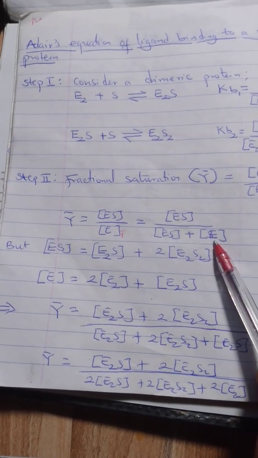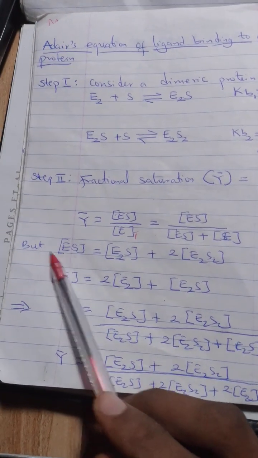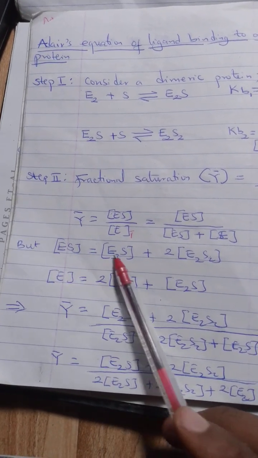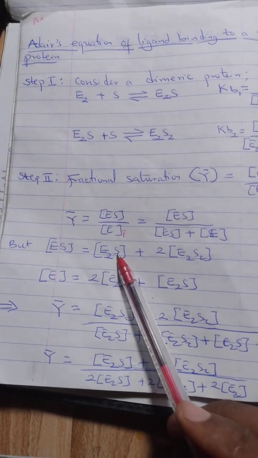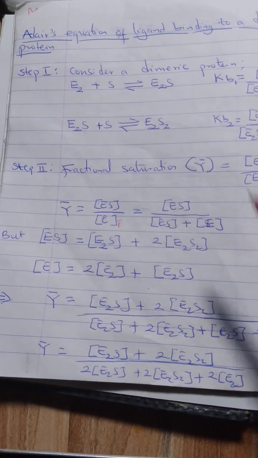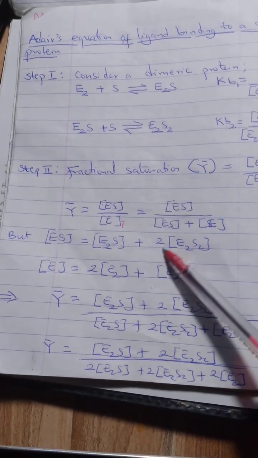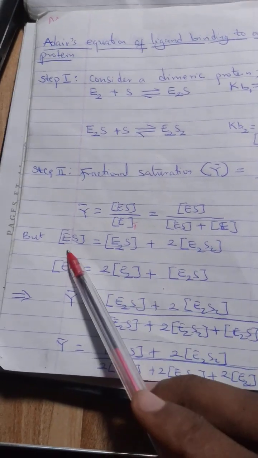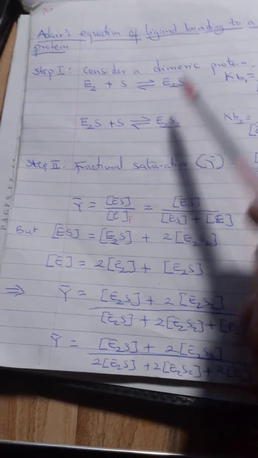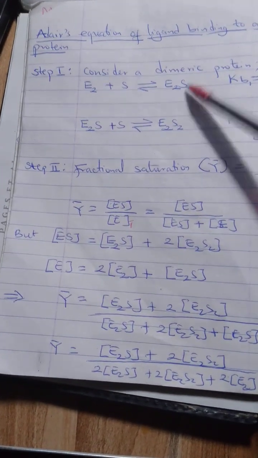The next is that the enzyme bound is equal to E2S, gotten from here, plus 2E2S2, gotten from here. This 2 can be accounted for experimentally. So just know that the enzyme bound is equal to this plus this. These are the two bound enzymes.